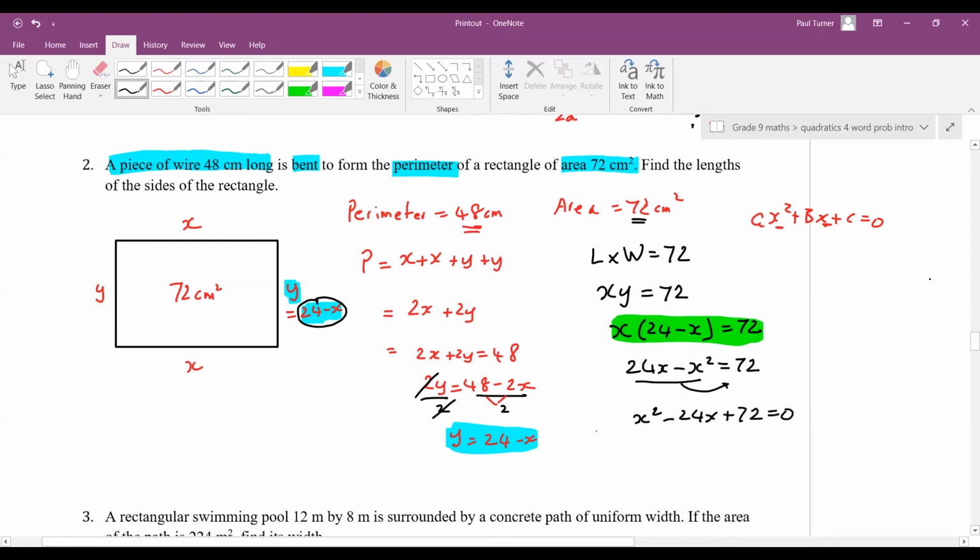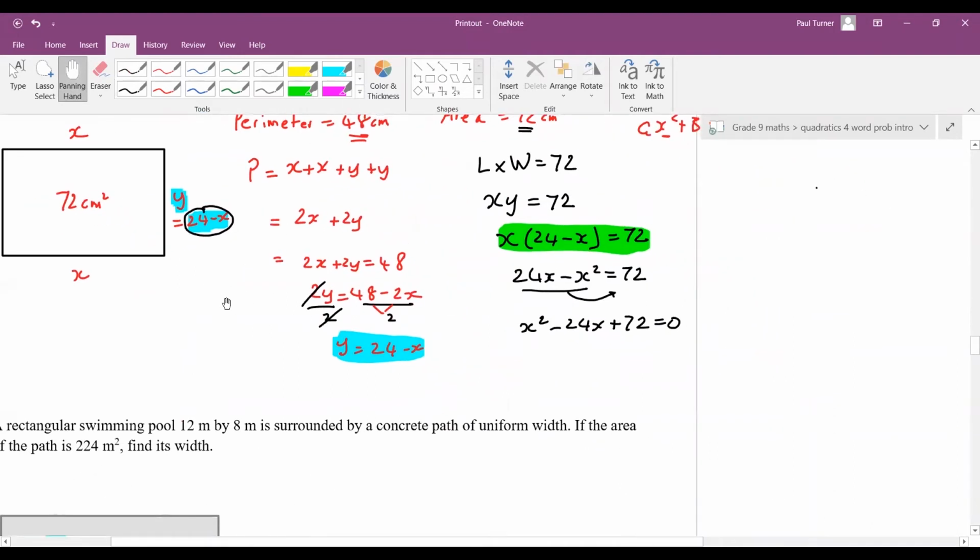Okay. Now, you can't factorize this particular equation. It doesn't factorize. So that means you're going to get decimals for your x and y here. So if you use your quadratic formula, which you know already, you're going to get the answer x equals 12 plus or minus 6 root 2, for your final value for x.